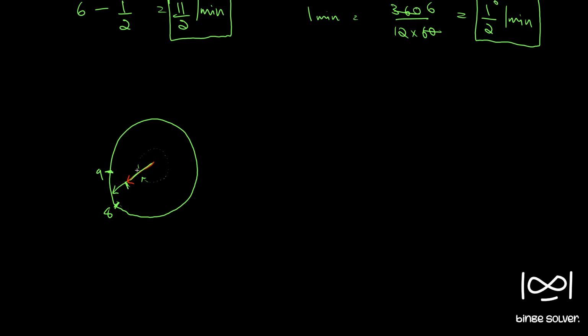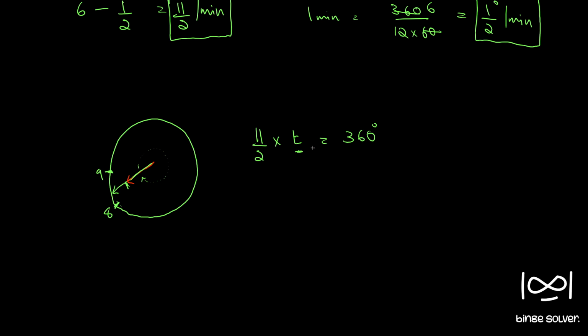So we know the relative speed of our minute hand as 11/2 degrees per minute. So we need to find the time the minute hand takes when it travels with the relative speed to cover 360 degree. So 11/2 degrees per minute into say t, if it takes t time to travel 360 degree.